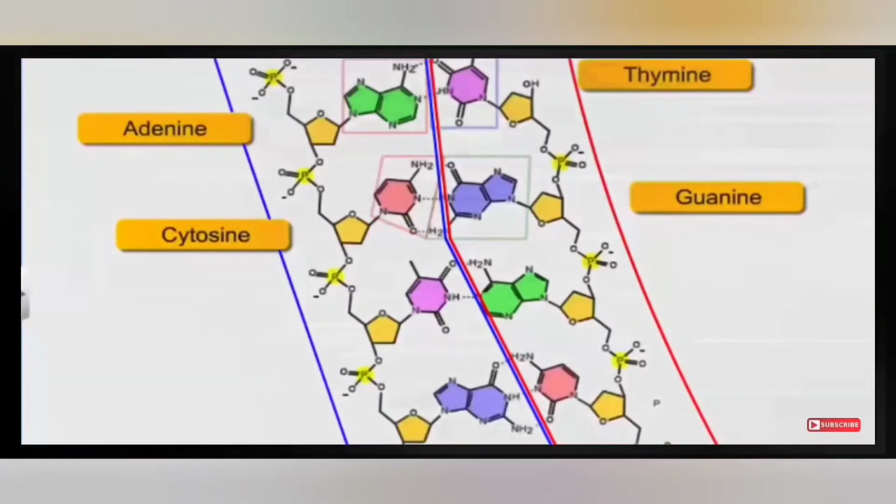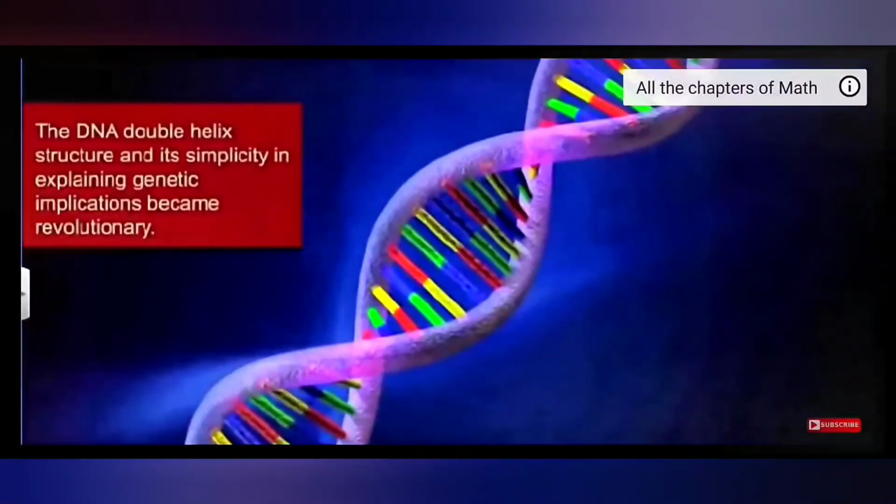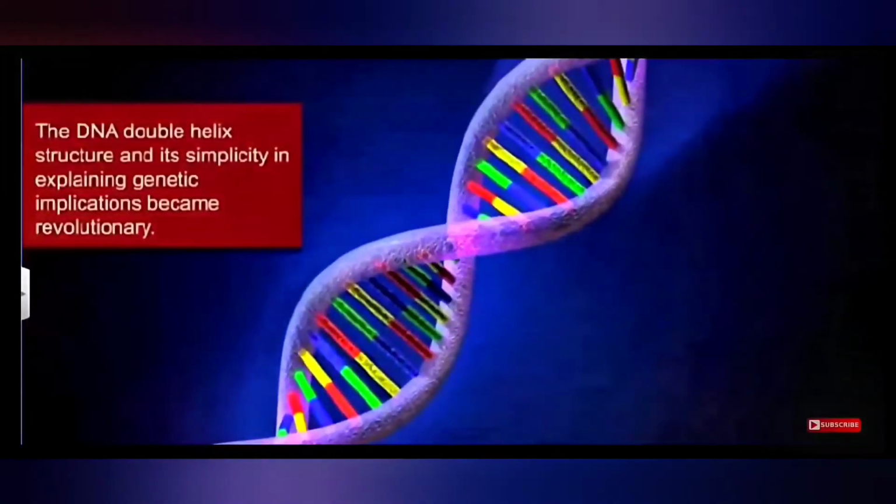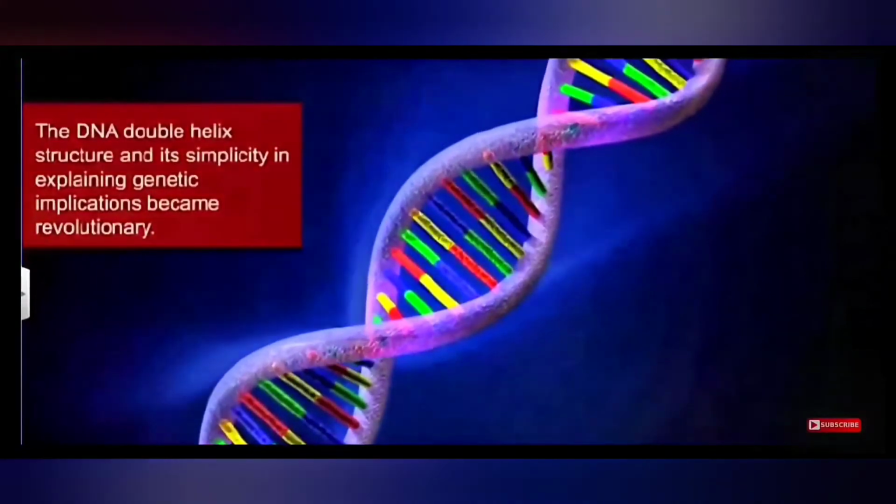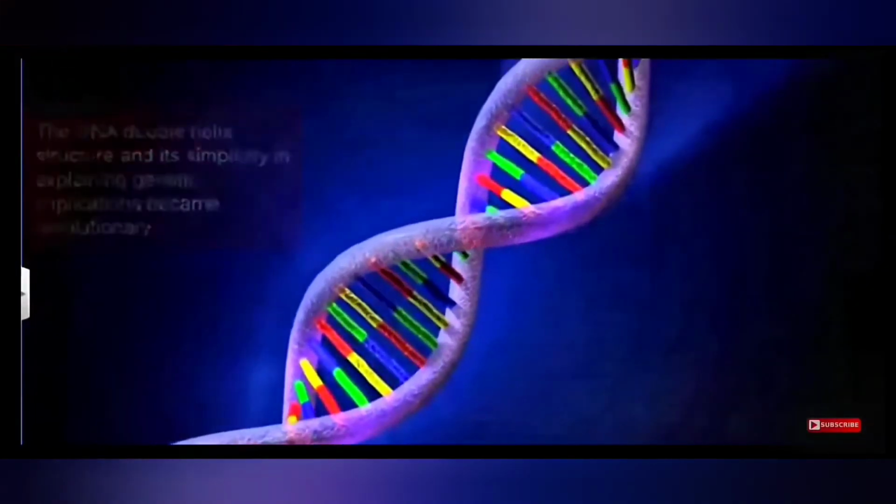So today, if we know one strand of DNA, we can make the other strand very well because there is complementary base pairing.